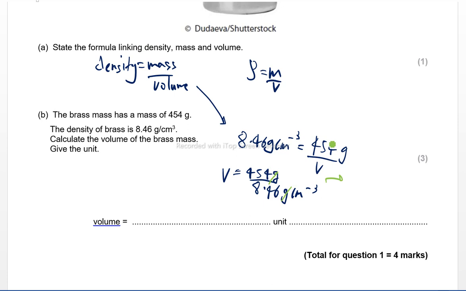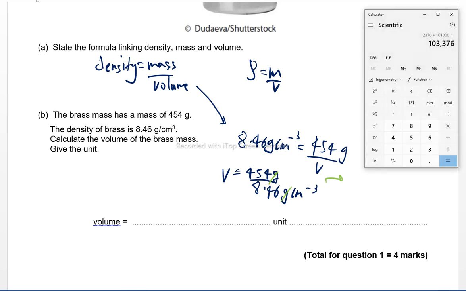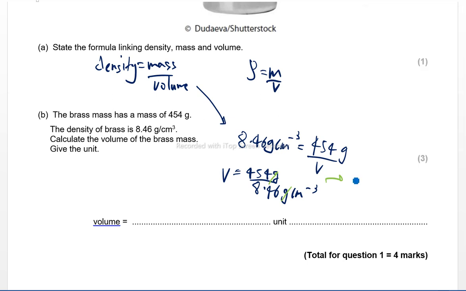I'll use a calculator. 454 divided by 8.46 is equal to 53.6643. For two decimal places I can write the answer as 53.66. So the answer is 53.66. The unit will be centimeter cube.